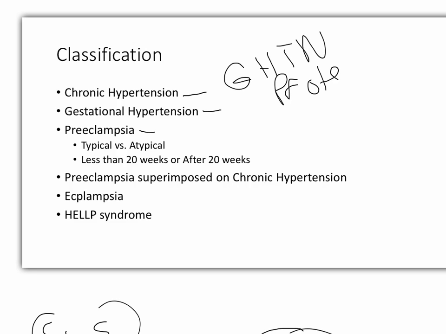So you have protein in your urine and hypertension. That is the classic definition of preeclampsia. Now you can have typical versus atypical preeclampsia. In some cases you can have preeclampsia at less than 20 weeks, but typically this is going to result in a stillbirth or in loss of the pregnancy.